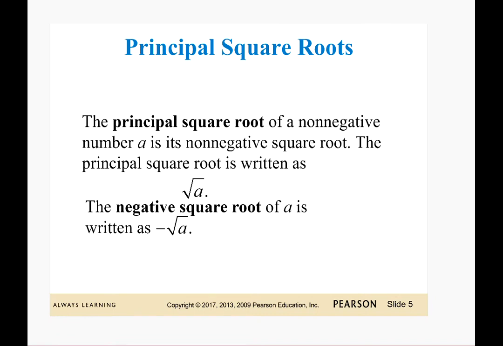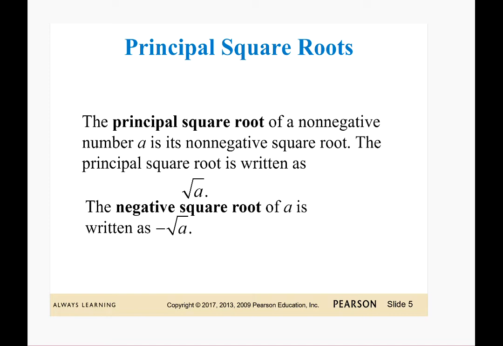All right, so there are 2 things that could happen, because negative 4 squared would give you positive 16, and positive 4 squared would give you positive 16. So there is what we call a principal root and a negative root. To make things easier for you, most textbooks, if they want the negative root, will put the negative sign in front.